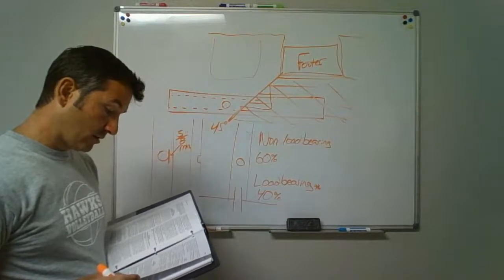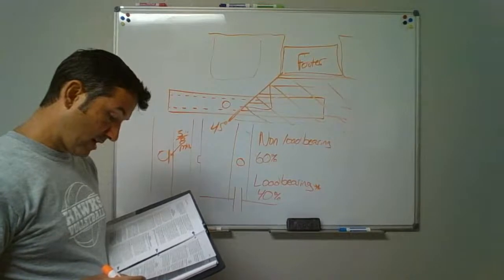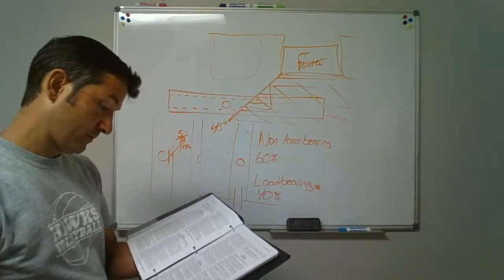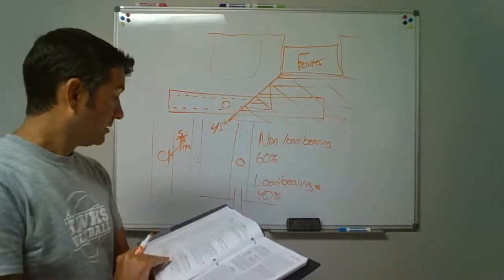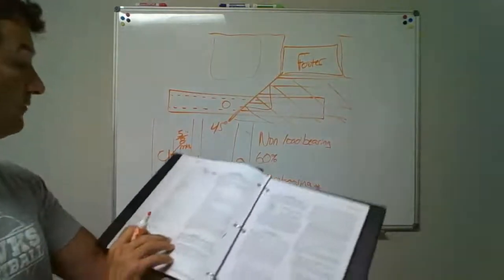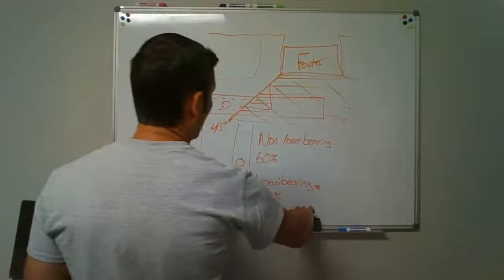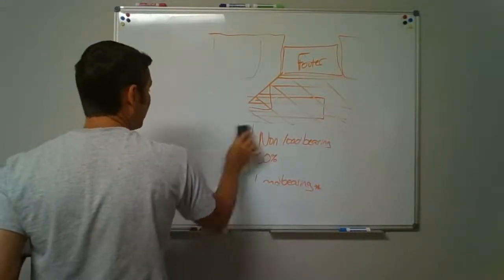Pipe support. I'll let you read all of that. What I want you to really look at is the hanger spacing table, table 308.5 right there. There's your hanger spacing table. I want you to really be familiar with that. What we've talked about, the ones that you're getting used to, is the PVC.